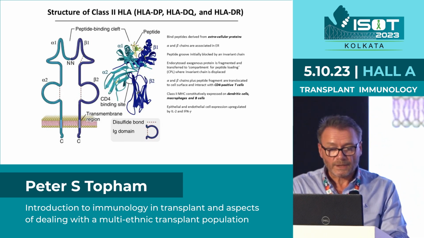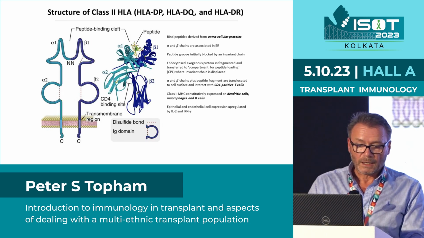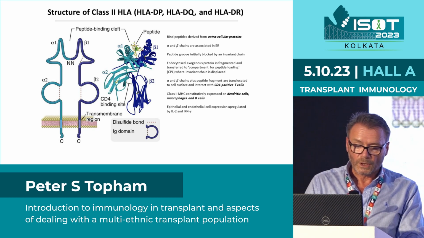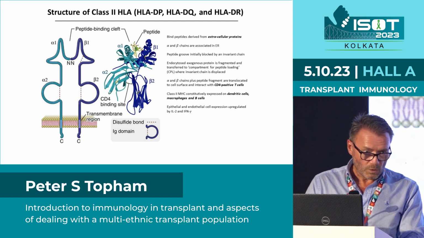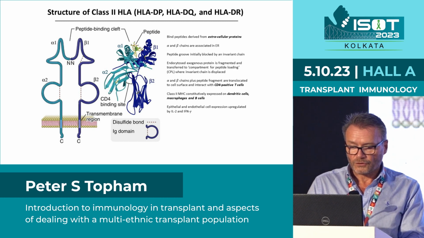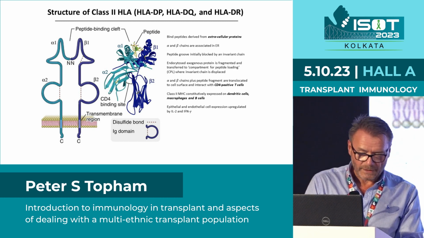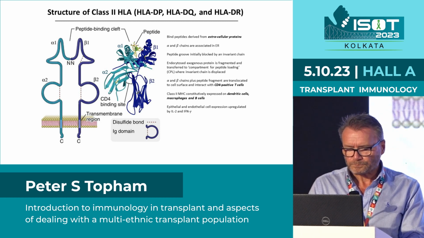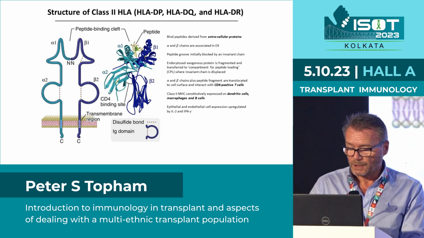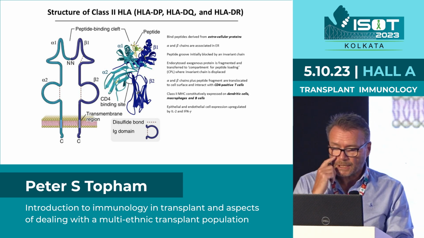So class 2 HLA, so that's HLA-DP, DQ, DR, slightly different conformation. So the genes for class 2 encode two different peptide chains, the alpha and the beta chain, and the peptide binding cleft is between the alpha-1 and the beta-1 loops. And again, this just shows you the ribbon diagram for, I think this is HLA-DR1. And again, you have the peptide groove between those two chains, which is the critical part for antigen presentation.